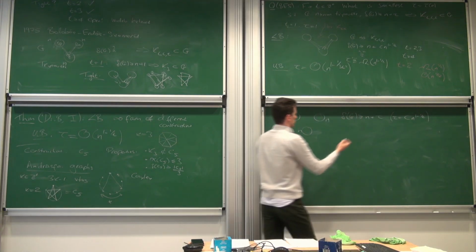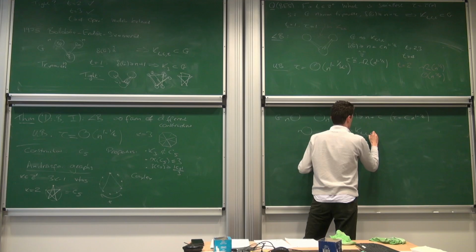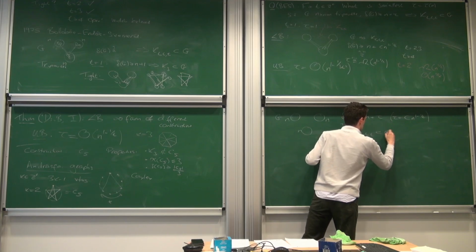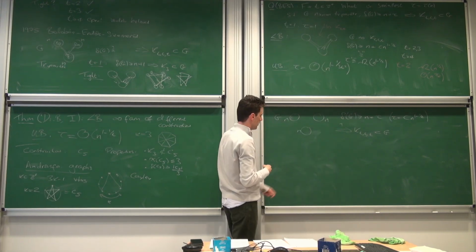And we want to show the graph G contains a complete tripartite graph with parts of size t, all complete to each other.